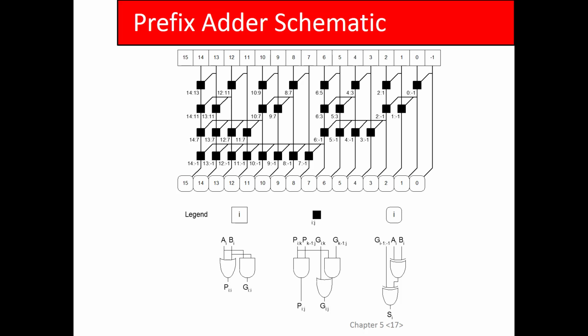So when you create these two halves, they don't have to be equal halves like I showed here. They can be unequal halves where the carry in to 7 can be calculated from, sorry, in this case 6 down to -1, which itself is 6 down to 3 and 2 down to -1. So I get an input from here and an input from here. Make sense?